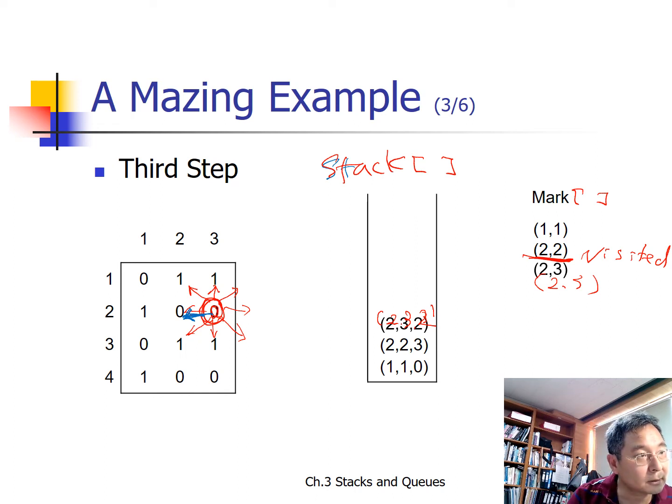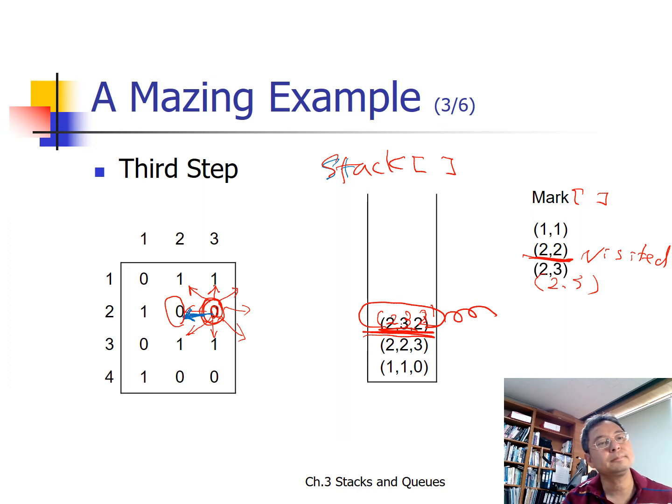To go back to 2, 2, we must delete this past history from the stack. How to do it? We must pop this one from the stack. That means we will go back to 2, 2 here.